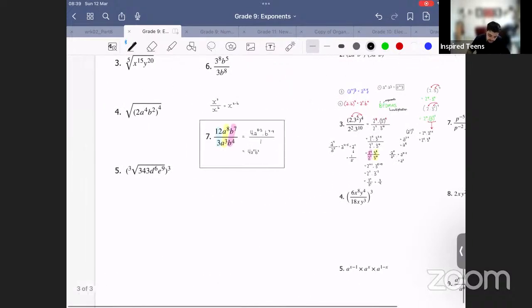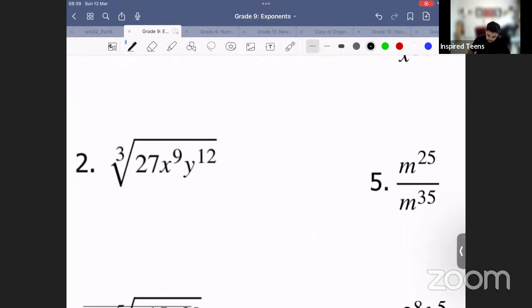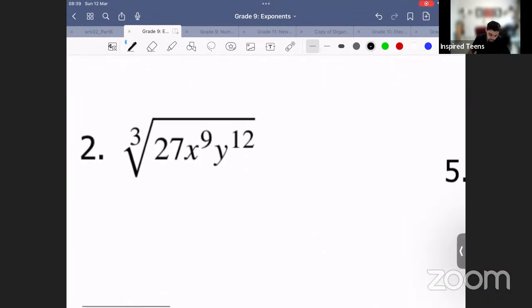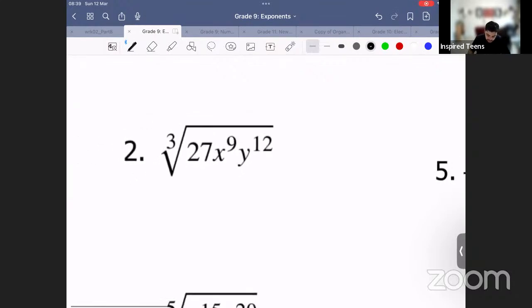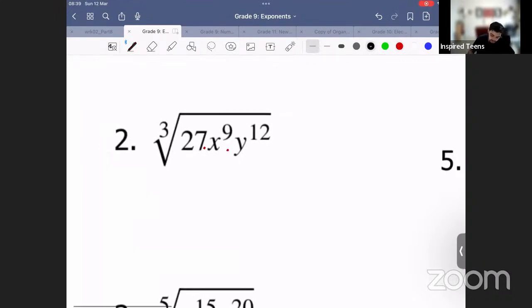Okay, let's do one third example quickly. How do we simplify this example? It's quite simple. Remember, with roots, when we have multiplication inside, we can work backwards and put each one under its own root. For example, this is 27 times x to the 9 times y to the 12.